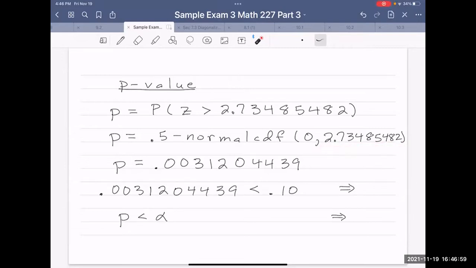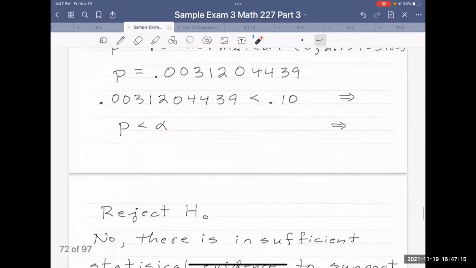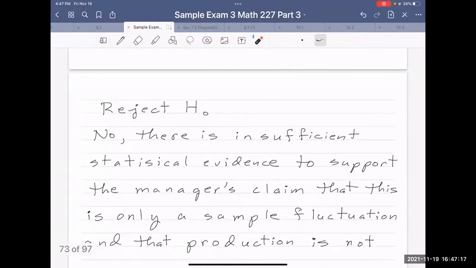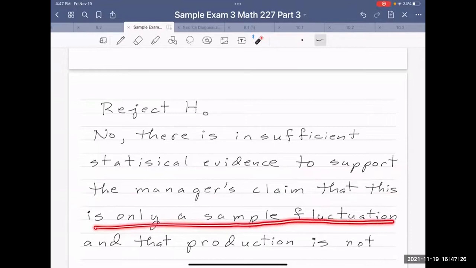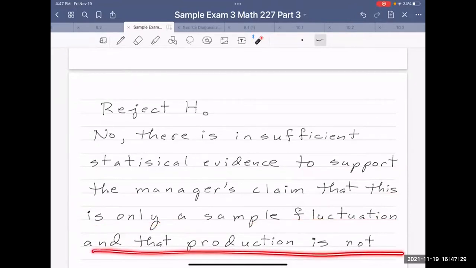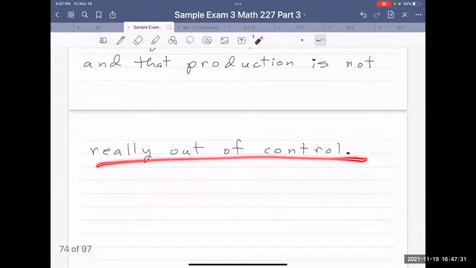And so I get p is equal to 0.00312, which is less than 0.10. So p is less than alpha. Therefore, you're in the rejection region. So you reject your null hypothesis. So no, there's insufficient statistical evidence to support the manager's claim that this is only a sample fluctuation and the production is not really out of control.